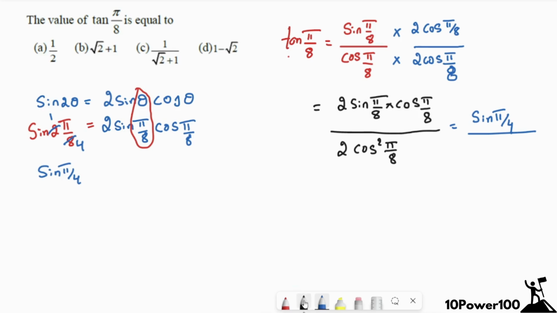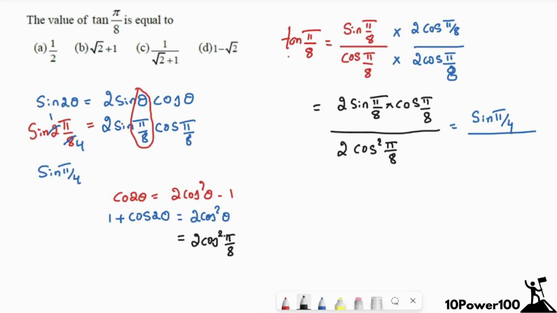Let's see the denominator. We know cos 2 theta in terms of cos: cos 2 theta is equal to 2 cos square theta minus 1. If I transpose minus 1 to the left hand side, it becomes 1 plus cos 2 theta is equal to 2 cos square theta. Now the denominator is 2 cos square pi by 8.